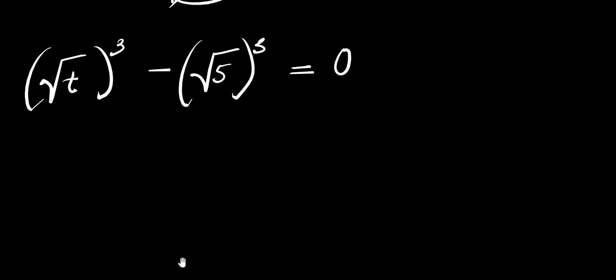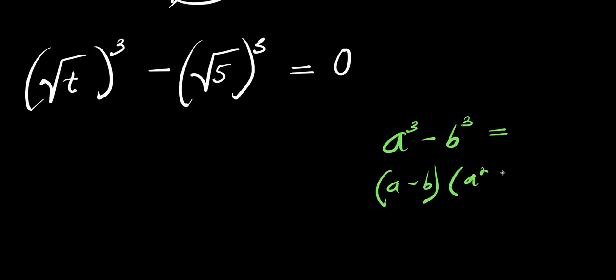So what we are going to do will be to expand, and in order to do that, we consider this identity: a to the power of 3 minus b to the power of 3 equals a minus b times a squared plus ab plus b to the power of 2. And root of t is my a, and root of 5 is my b.